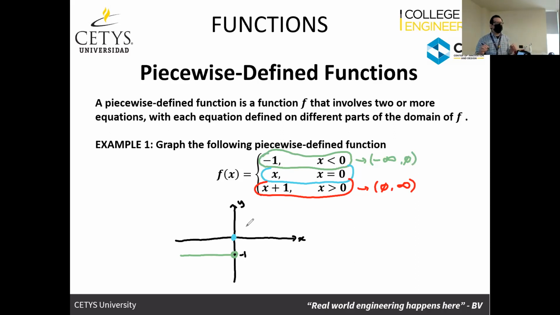It's a line that's been shifted up 1 unit. It's x plus 1. Remember the shifts, and so x plus 1 means that I've got the line x, and that has been shifted 1 unit up to this point here.